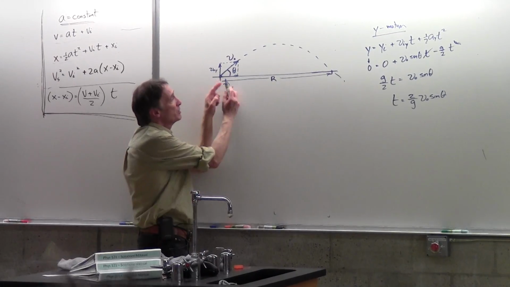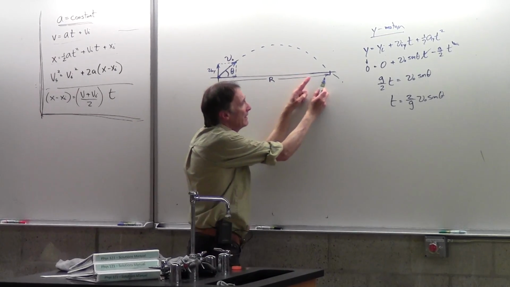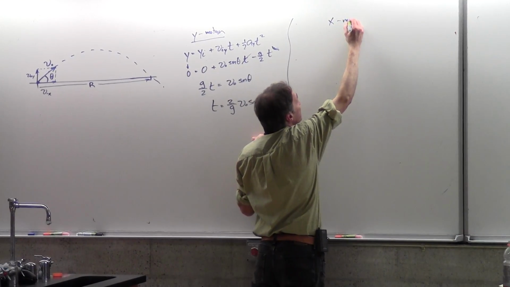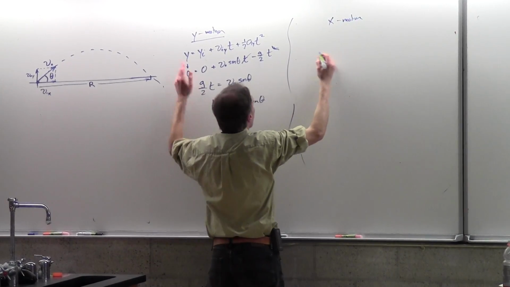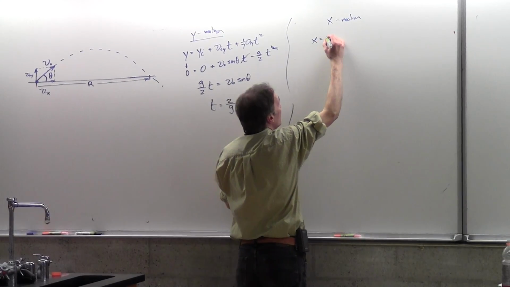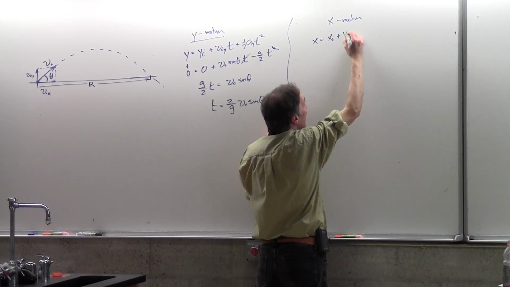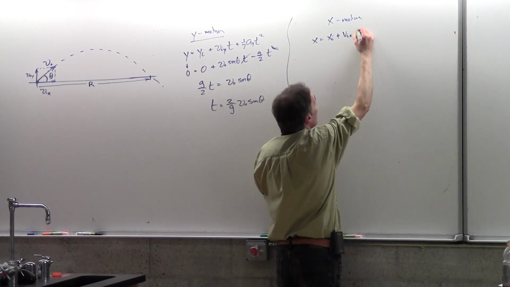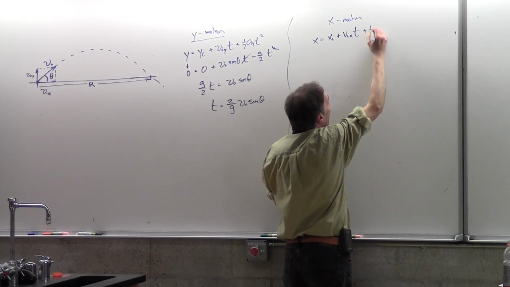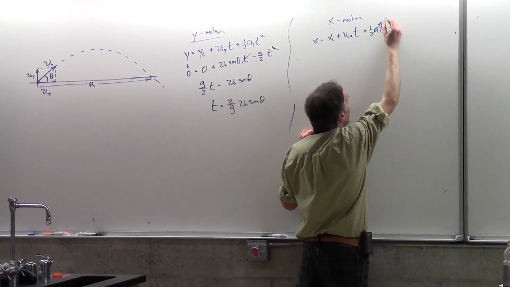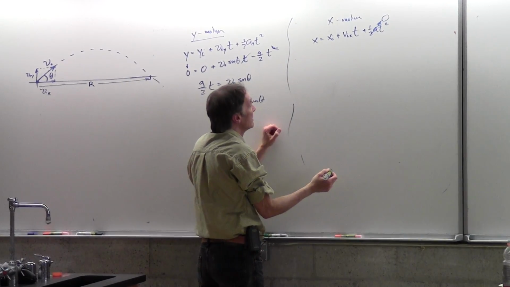While it's in the air, it's moving at a constant speed in the x direction. So if I take a look at x motion, that's going to be x is equal to the initial x plus the initial velocity in the x times time plus 1/2 a t squared. And so I don't mess myself up again, that acceleration is 0.